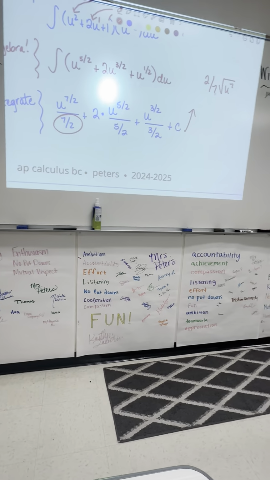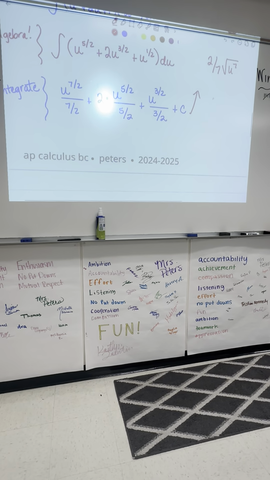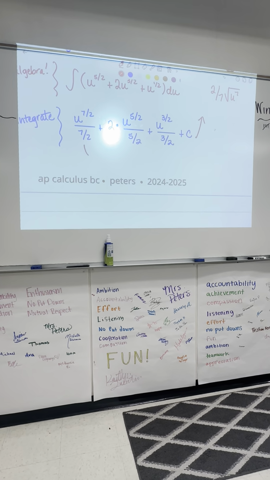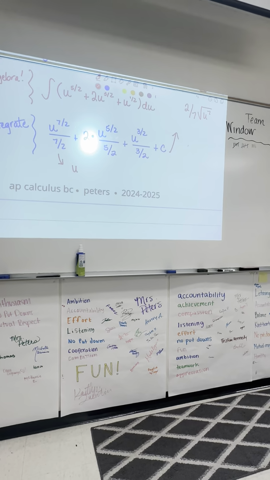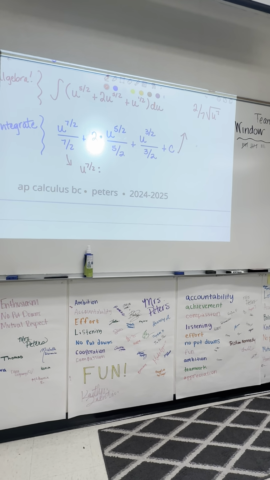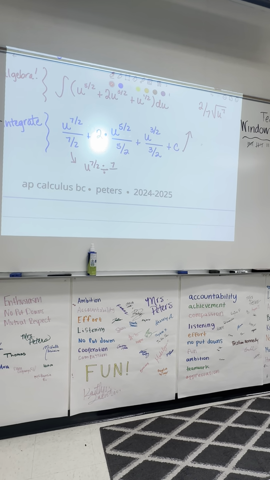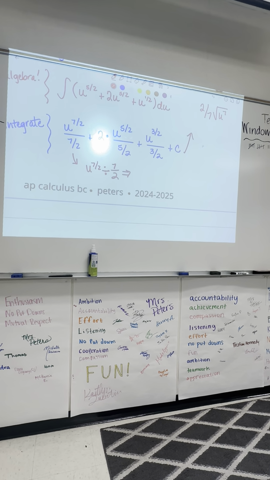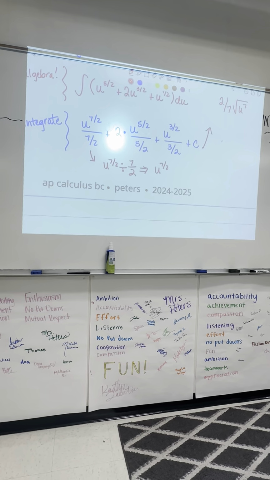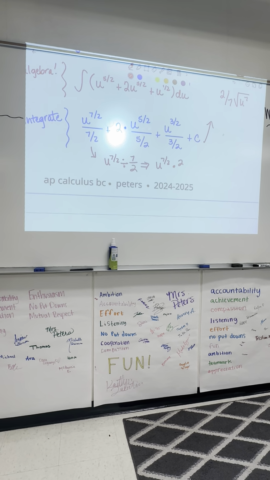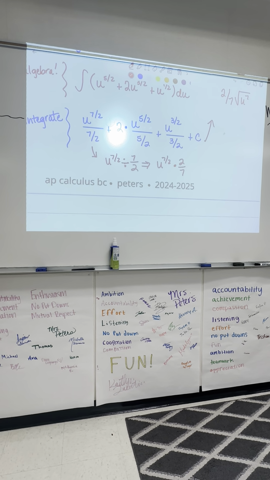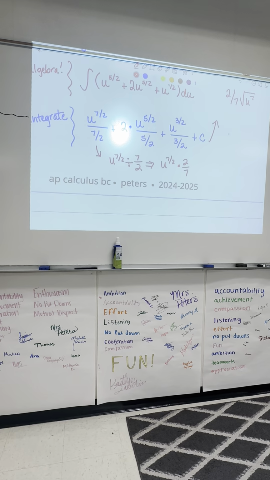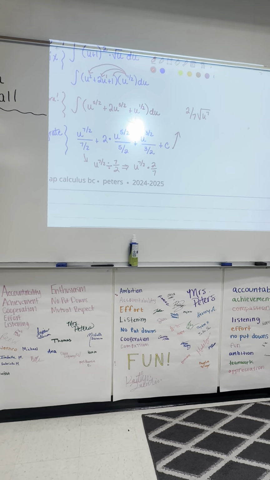That's u to the 7/2 divided by 7/2, right? So now it's u to the 7/2 times 2/7. Oh, and then you just rewrote the 7/2 as an actual coefficient. Yes.